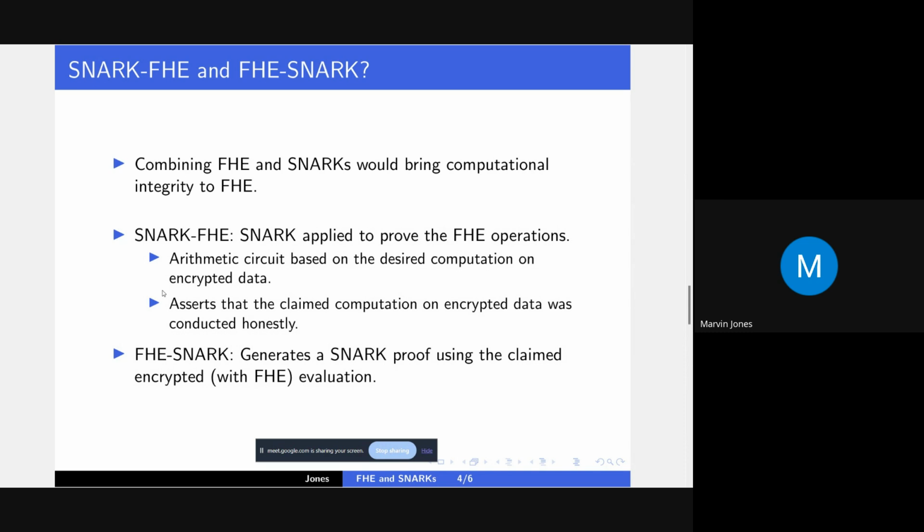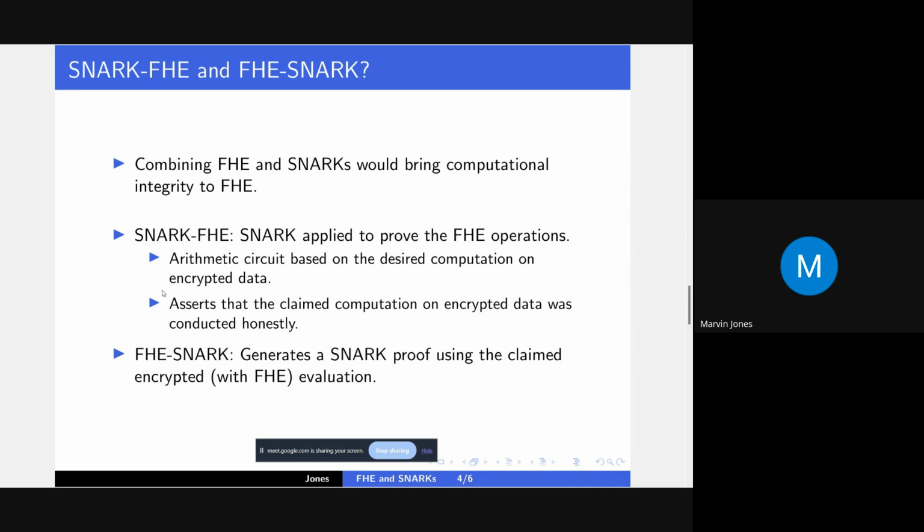Okay. There's two ways we can combine it. We can do SNARKs applied directly to the FHE operations. And what that means is the arithmetic circuits can be based on the desired computation that is performed directly onto the encrypted data.